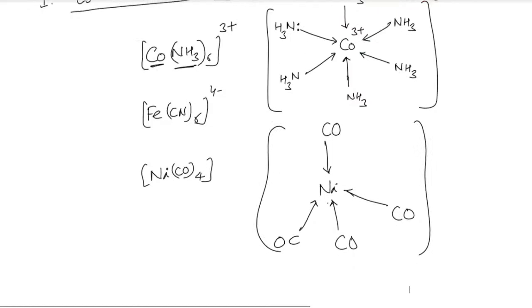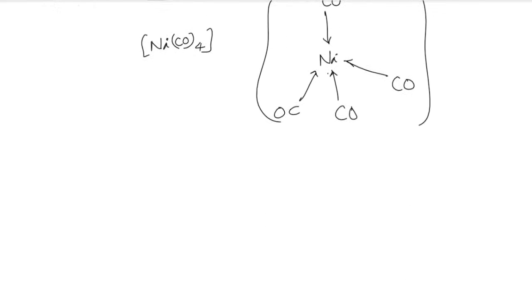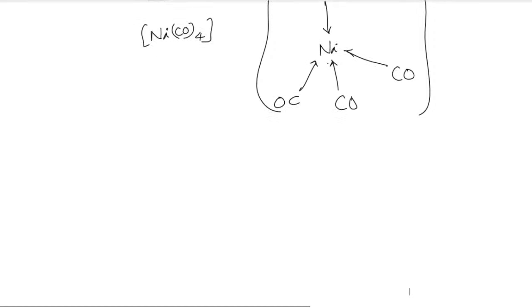So a coordination complex may be a cationic complex, anionic complex, or sometimes neutral complex. If the net charge is 0, that is called a neutral complex.